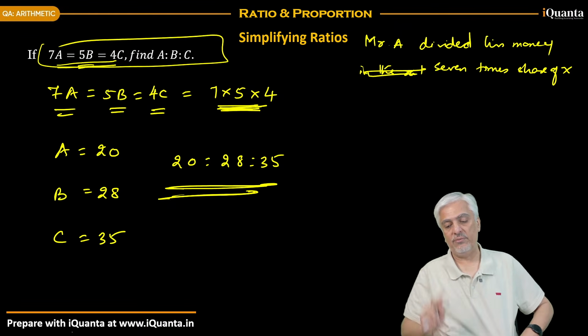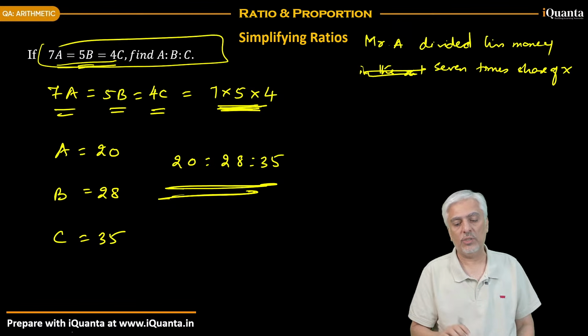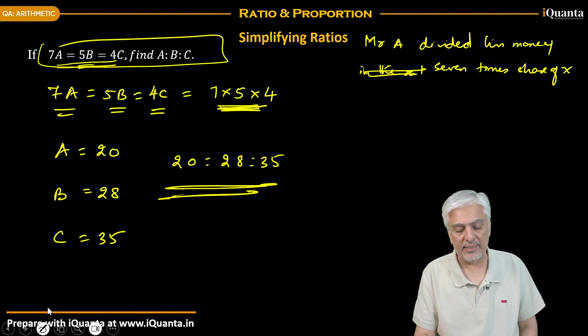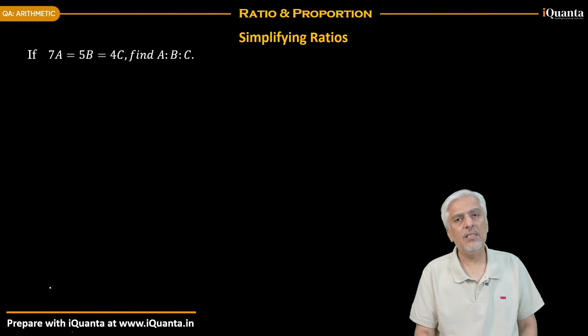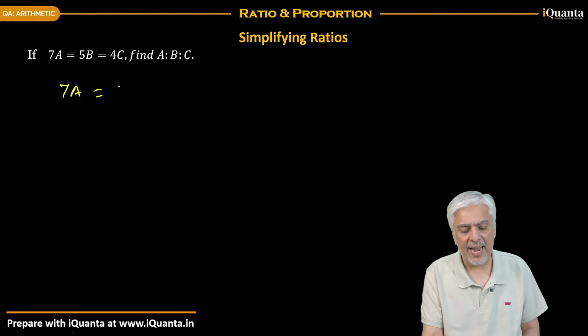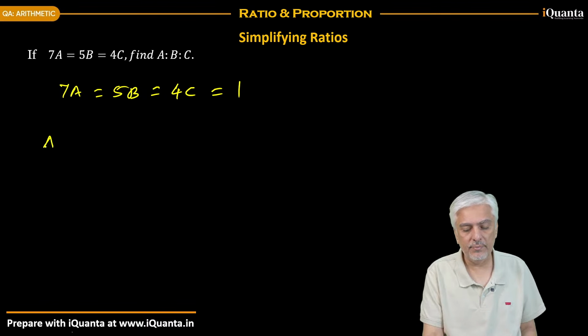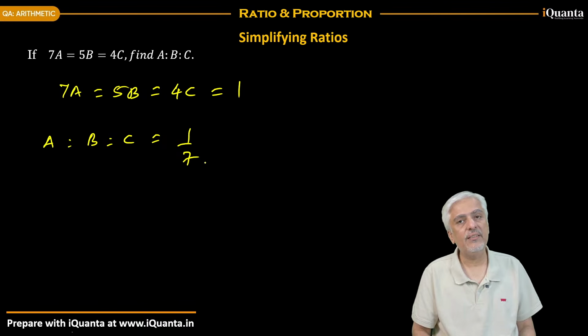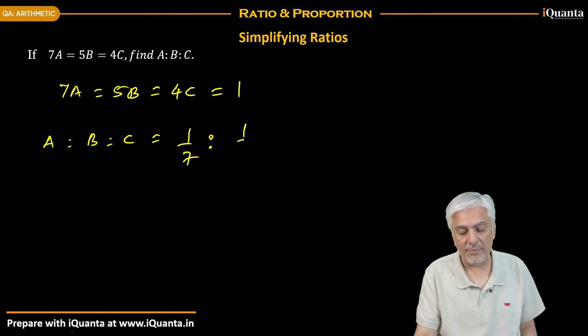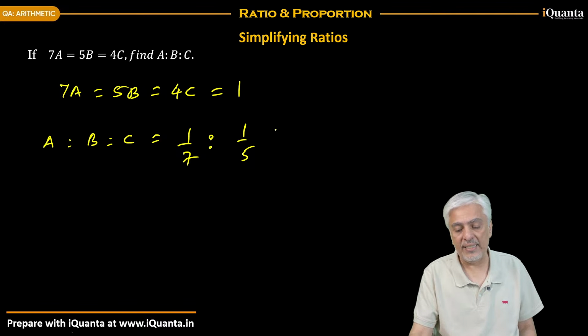See, logically, let's look at one more approach for this question. Okay, ये पूरा सम को और एक approach देखते हैं. Suppose किसी को LCM नहीं समझा, strike नहीं हुआ, and they decided to take everything as say 1. So what does A become? A becomes 1 by 7, B becomes 1 by 5, and C becomes 1 by 4.